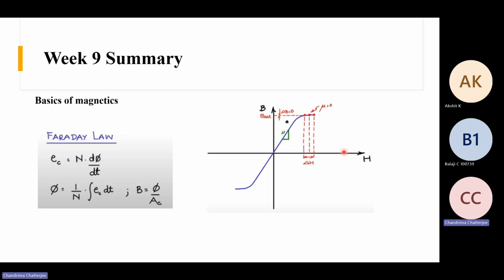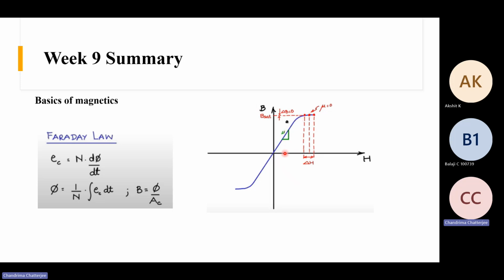Here, even if you increase the current, so the mmf increases, but the change in B is very small. For this current B is this much, and if you increase the current here also, the B is almost the same. There is very insignificant change.